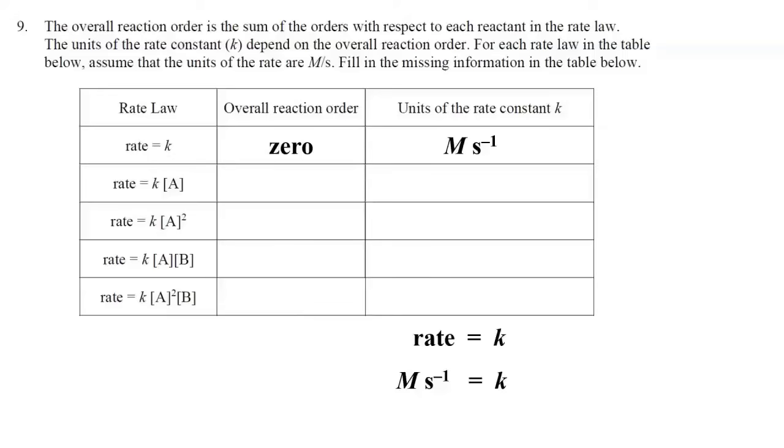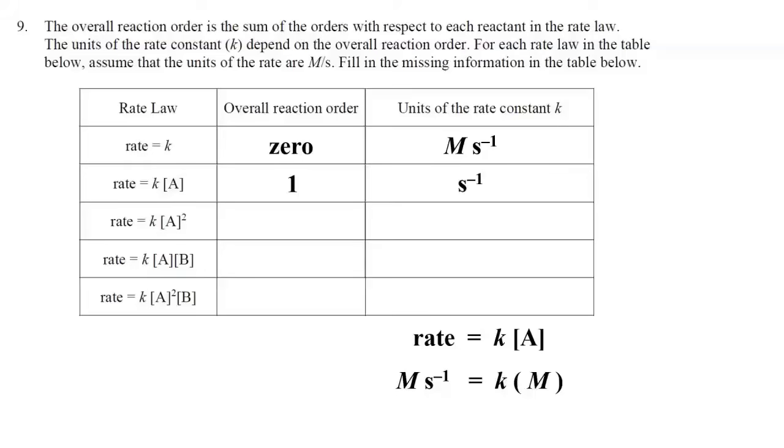We have rate equals K times the concentration of A raised to the first power. That means that the overall reaction order is 1, so first order. If on the left side of the equation we have molarity per second, and on the right side we have the rate constant K times something raised to the first power, where that's concentration, that's molarity, well then I would want the units of the rate constant K to be inverse seconds.